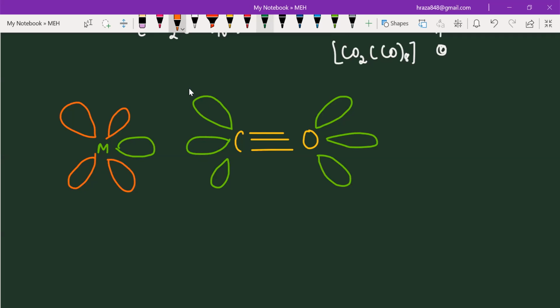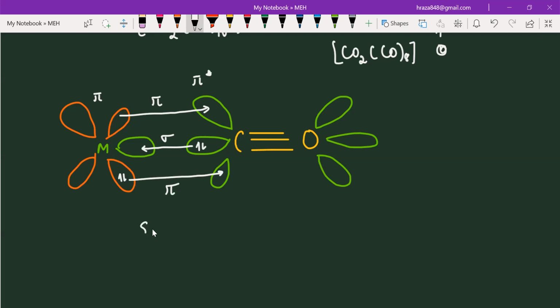Now see what will happen. First, there are two electrons that will donate to this and it will form a sigma bond. Now there will be formation of pi bond, that is pi star, anti-bonding. There are two electrons that is going to form pi bond.